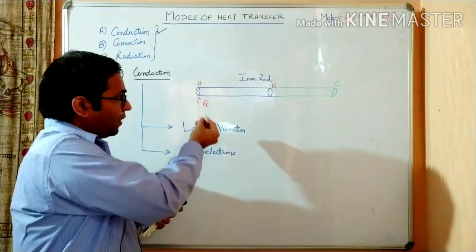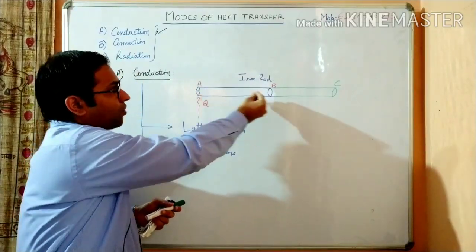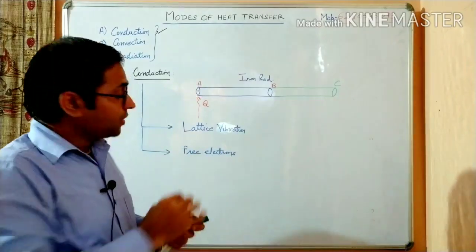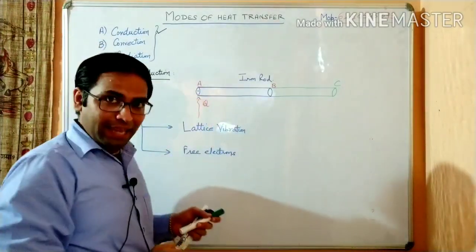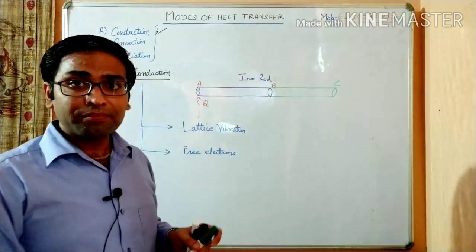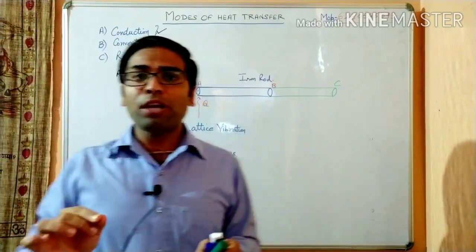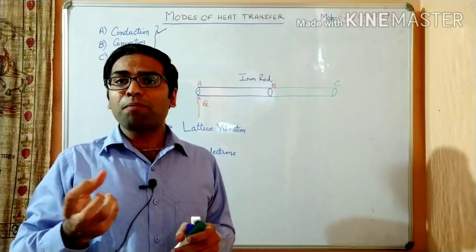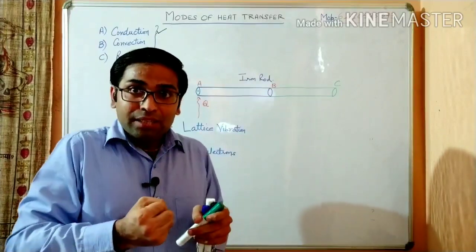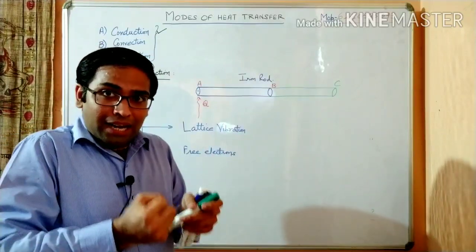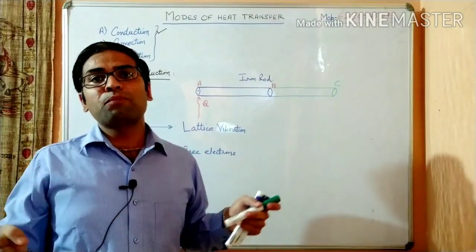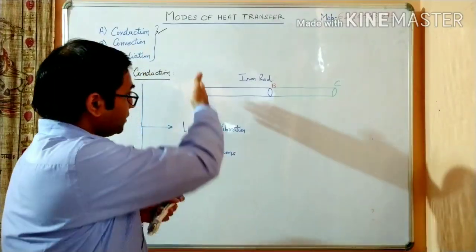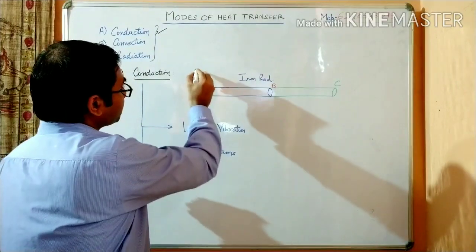To begin with, if I start supplying heat to the rod AB through this end A, the molecule present at end A, which is shown by green dot here, acquires the heat, and after absorbing the heat, it tends to displace from its mean position. Mean position is this one.